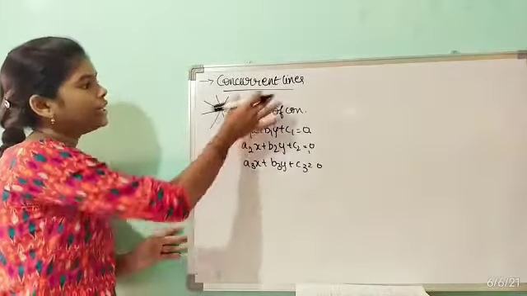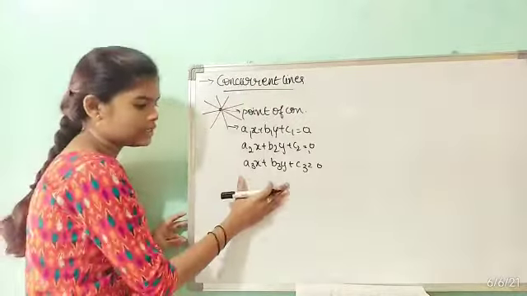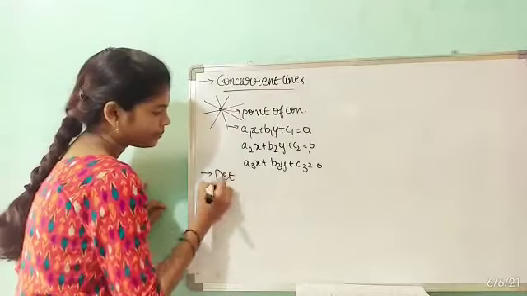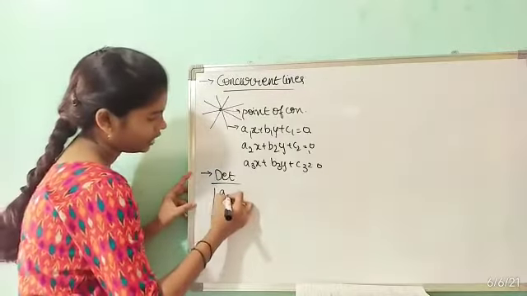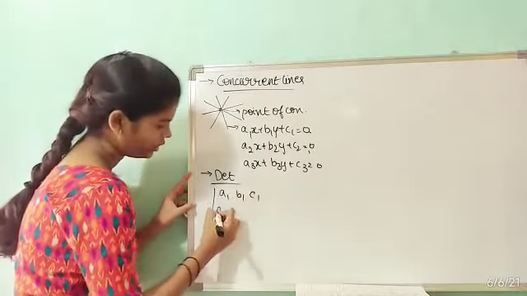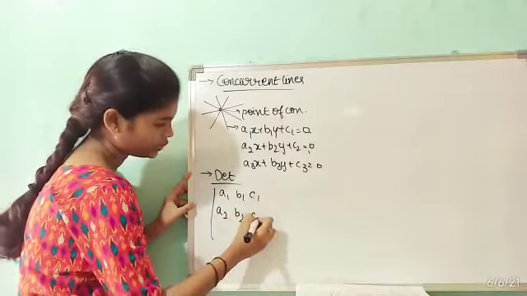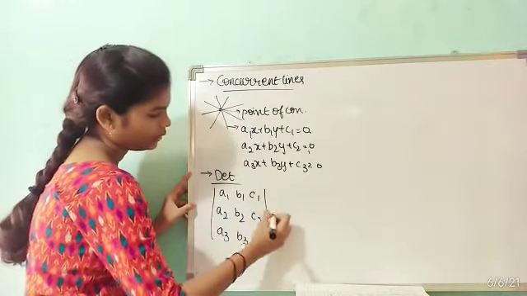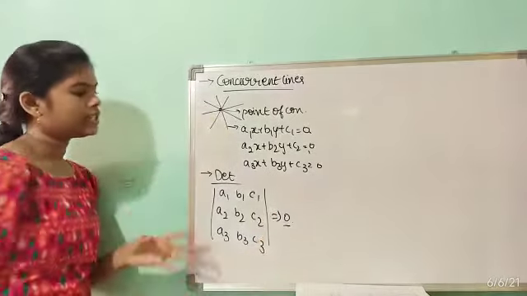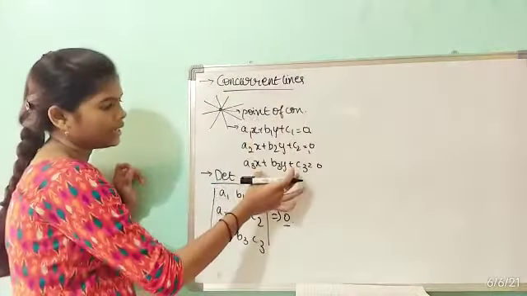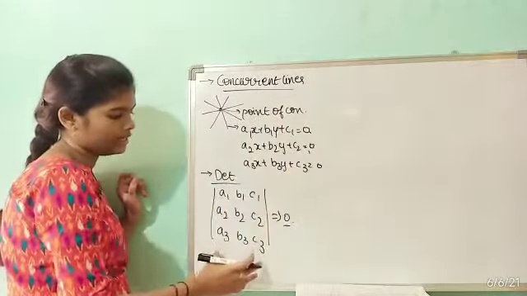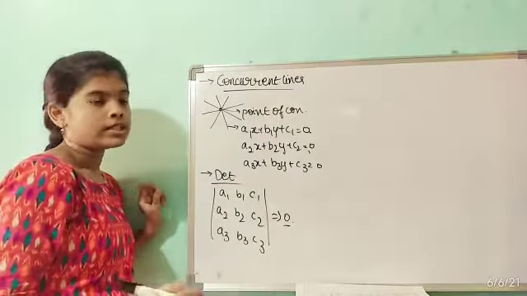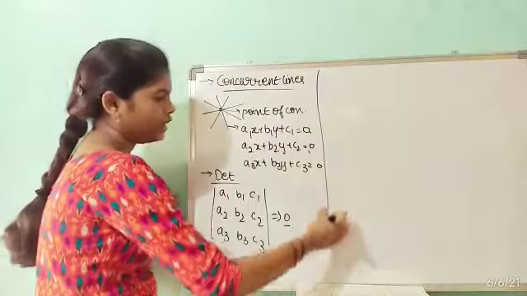The condition for these three lines to be concurrent is that the determinant with rows a1 b1 c1, a2 b2 c2, a3 b3 c3 will be equal to 0. This is the condition for concurrent lines. Okay, this is one topic.